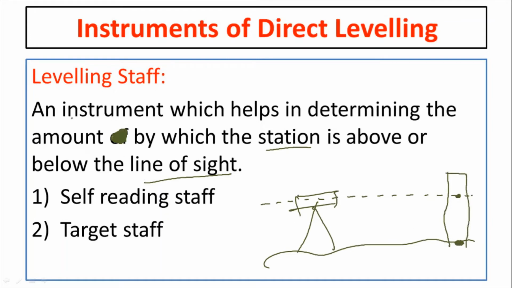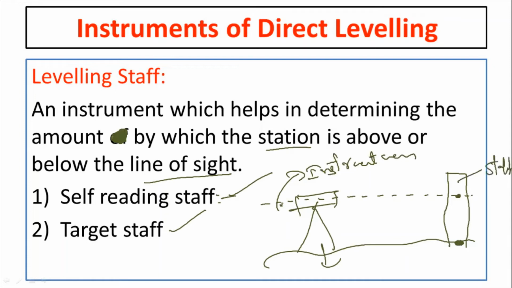There are two types of leveling staffs: the self-reading staff and the target staff. If you use the self-reading staff, one person will be standing here, called the instrument man, and the person standing here is called the staff man.